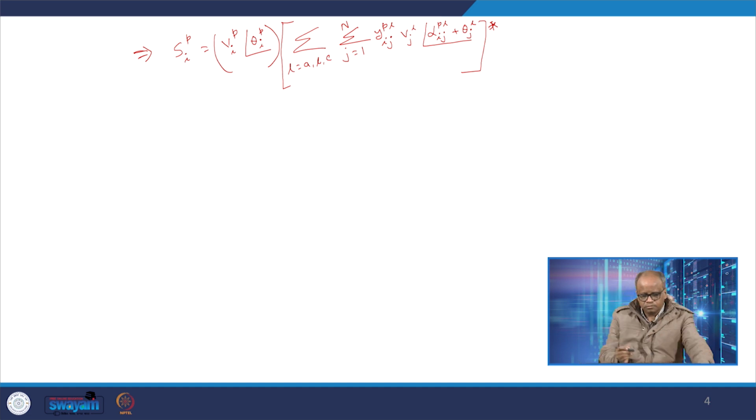Now we can see that there are two summations, and none of these summations has the index i, neither p.